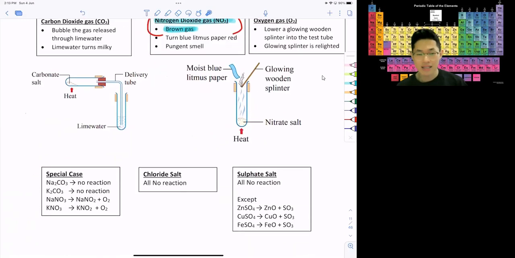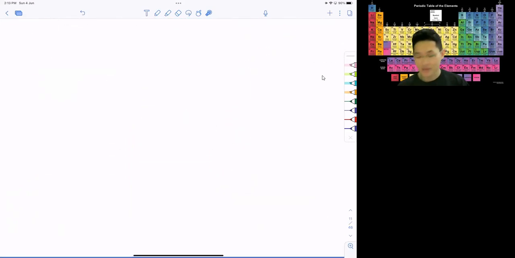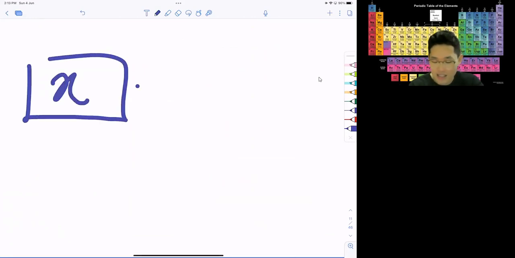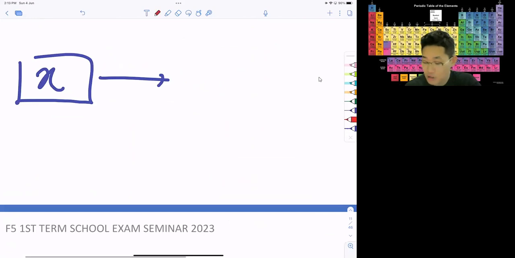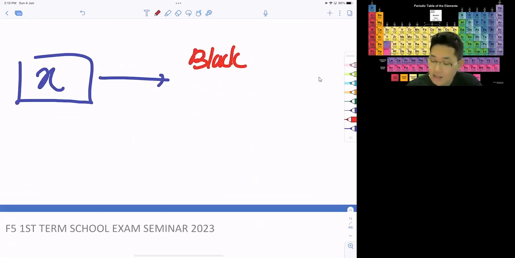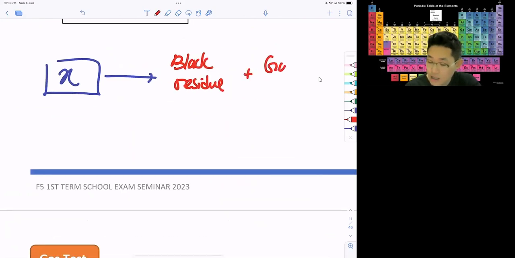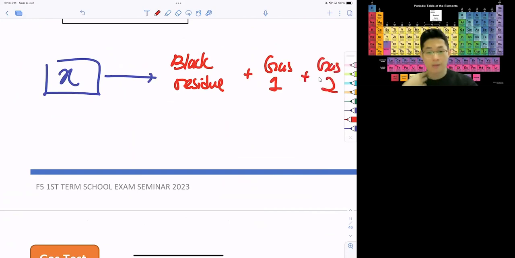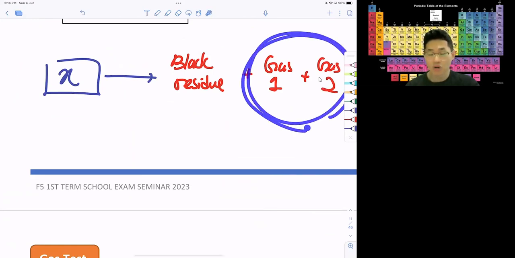Usually for this part, they combine it with the color of the salt to test you. So for example, salt X being heated produces a black residue together with gas 1 and gas 2. So when you see this, we know that the salt is carbonate or nitrate.